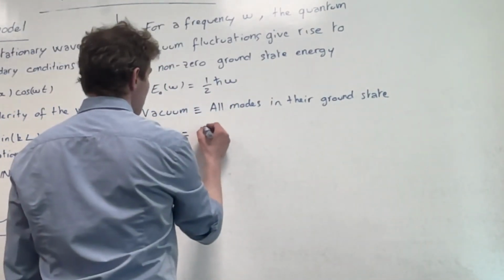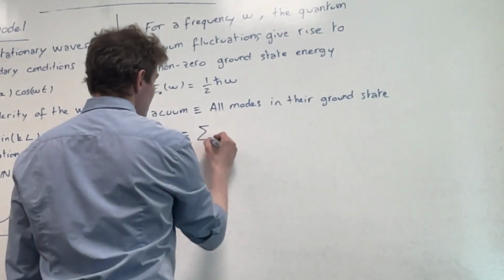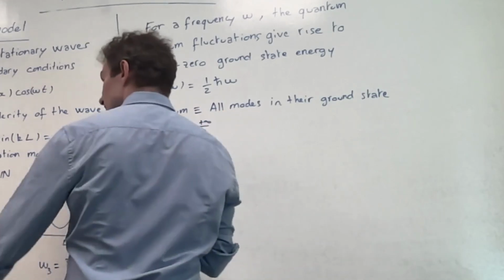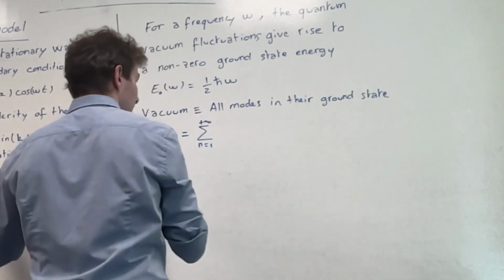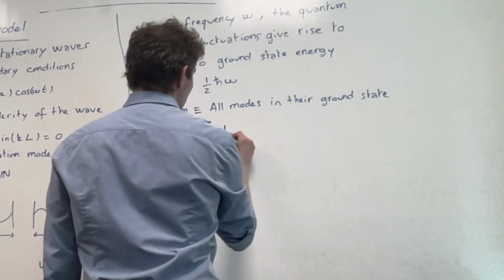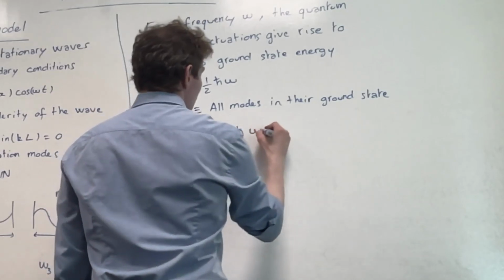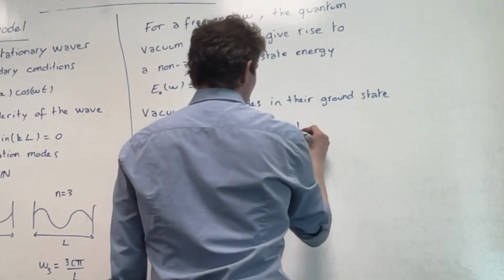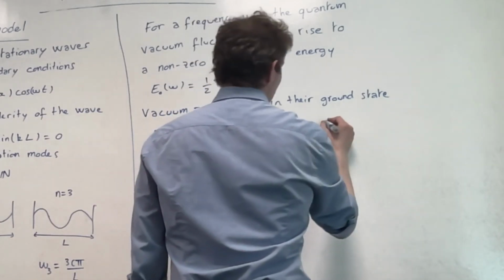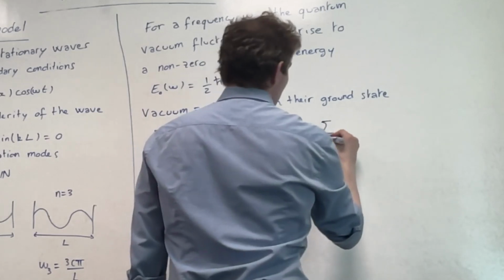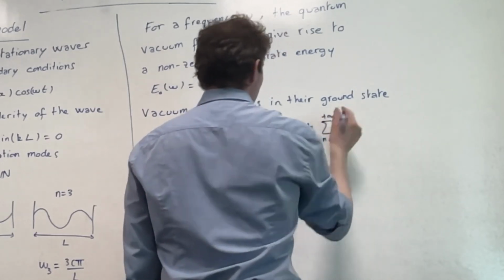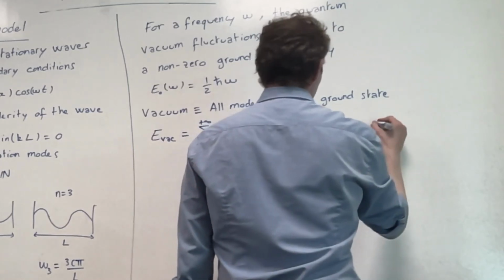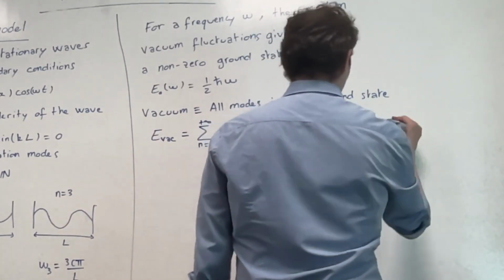So basically it's the sum for n ranging from 1 to plus infinity, and then half h bar omega n. This is equal to, I can actually say, half h bar, then the sum n equals 1 to plus infinity, where omega n is equal to c k n.